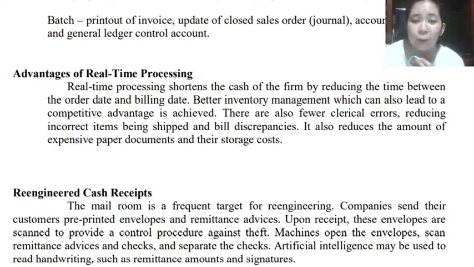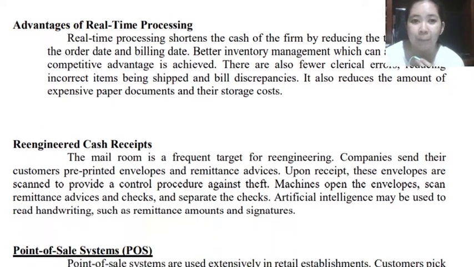Okay, and there will also be fewer clerical errors, reducing incorrect items that are being shipped and billed to the customers. And it will also reduce the amount of expensive paper documents and storage costs. So these are the advantages of the real-time processing.